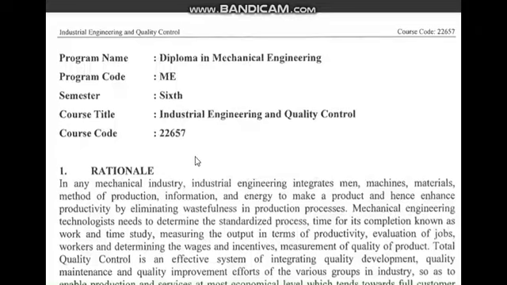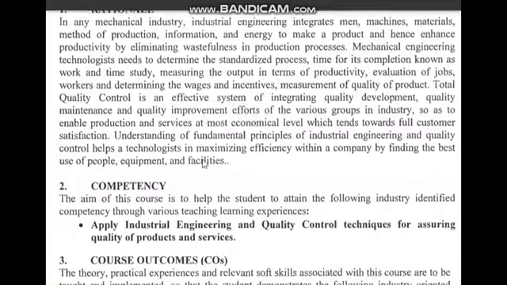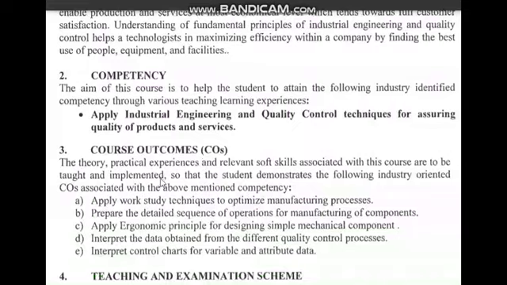and in our syllabus we see the course outcomes or COs: to apply work study techniques to optimize manufacturing processes, prepare the detailed sequence of operations for manufacturing components, apply ergonomic principles for designing simple mechanical components, to interpret the data obtained from different quality control processes, to interpret control charts for variable and attribute data.